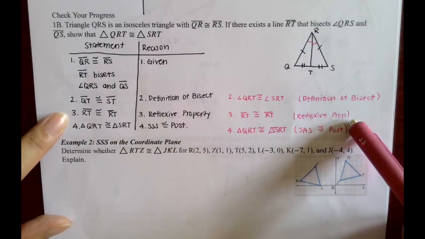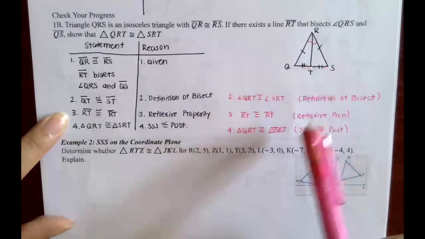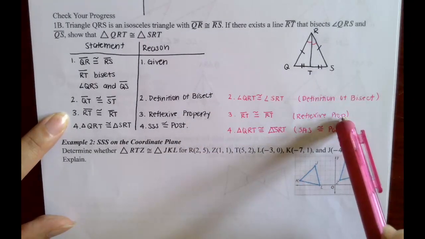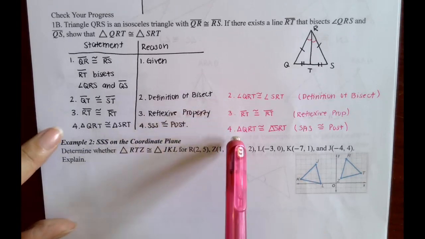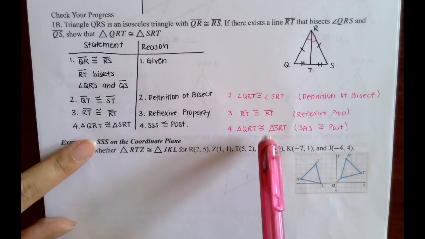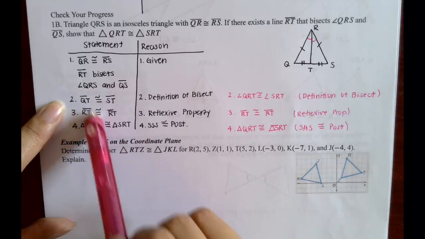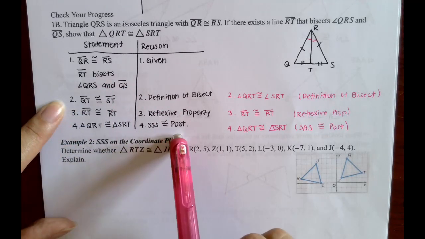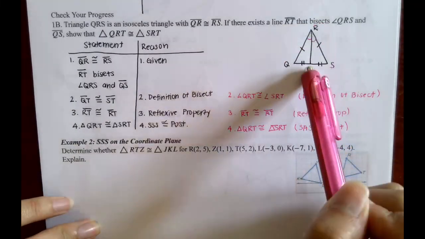Okay? Statement 3 would be the same, that they share this side. RT is congruent to RT. That's the reflexive property. Okay? And depending on which statement 2 you want, your statement 4 is that the triangles are congruent. If you talked about definition of bisect in terms of the segment, then that's side, side, side congruence postulate, right? Because it's side, side, and then this side.